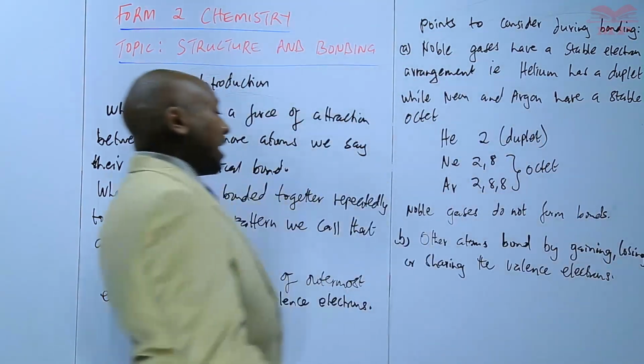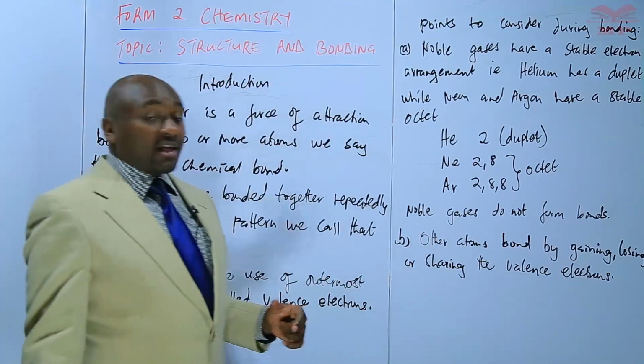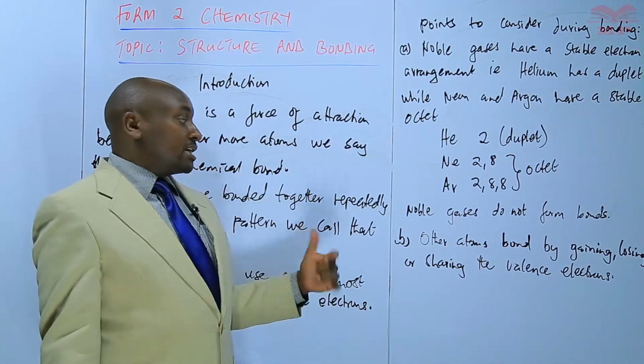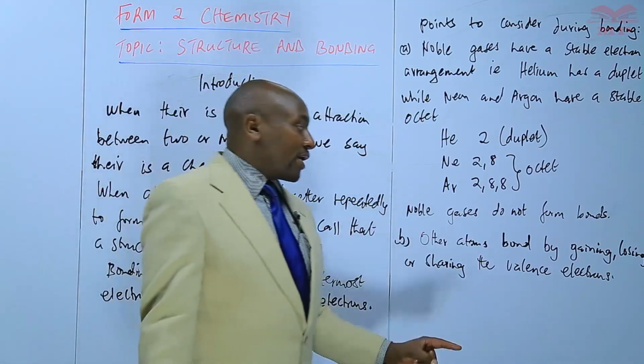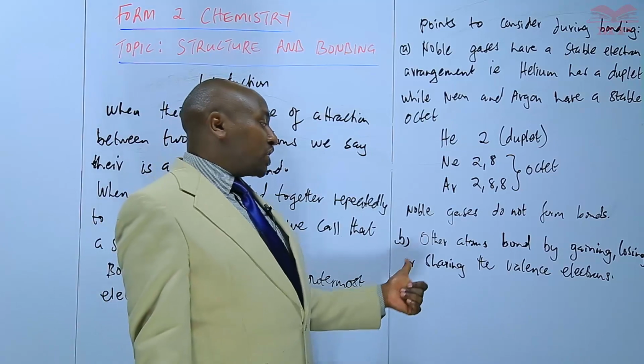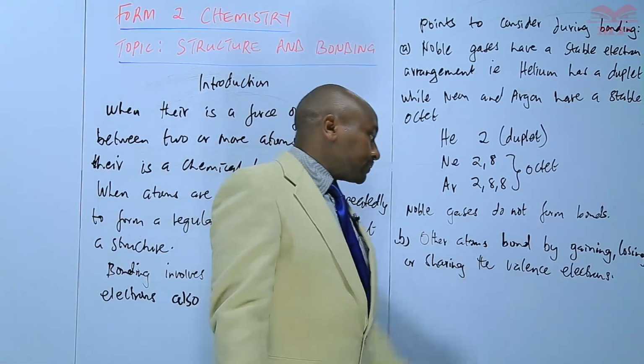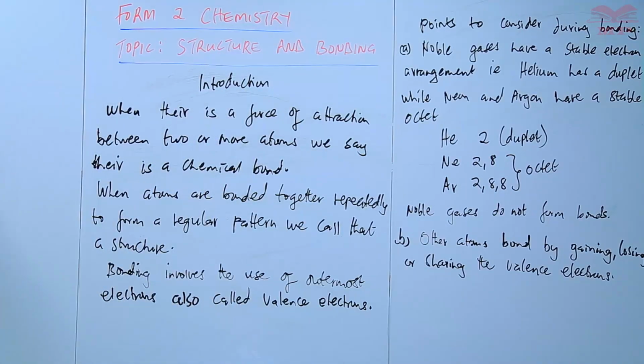So we are saying that other atoms that are not stable or that are not noble gases, that need to bond, do so either by gaining electrons, losing electrons, or sharing the valence electrons.